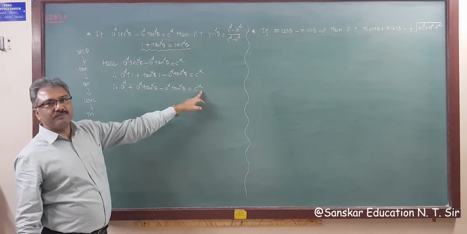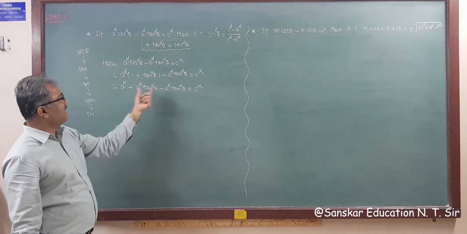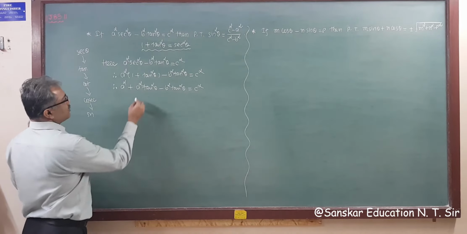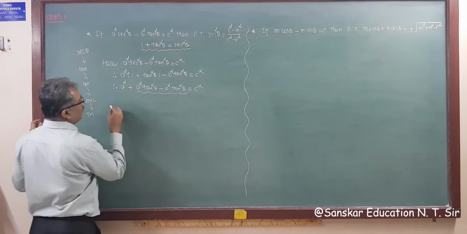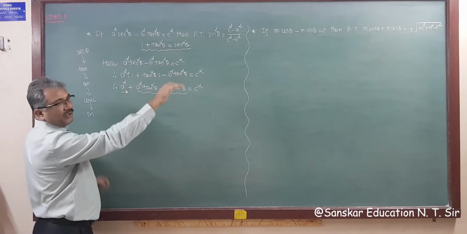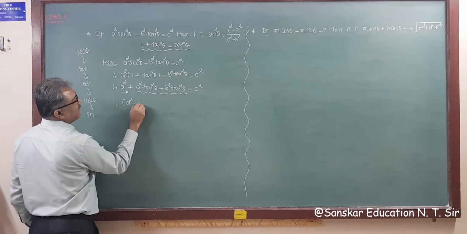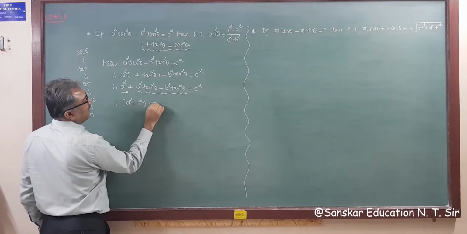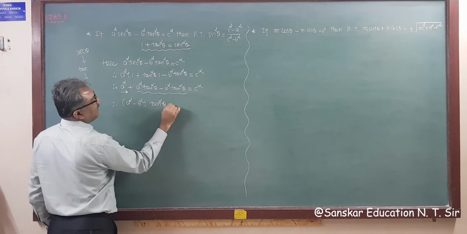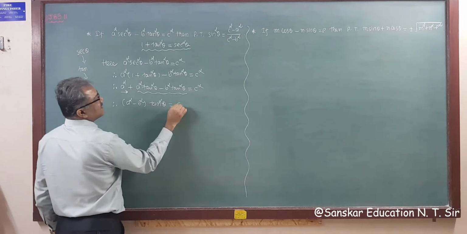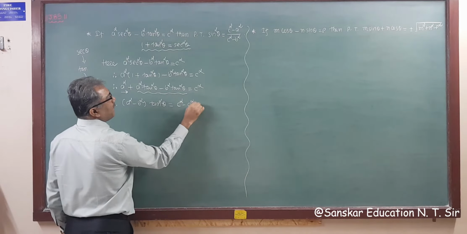Taking a square to the right hand side, this becomes minus, and taking tan square theta common. So from these two, taking tan square theta common and taking a square to the right hand side, here we will get a square minus b square into tan square theta is equal to c square minus a square.